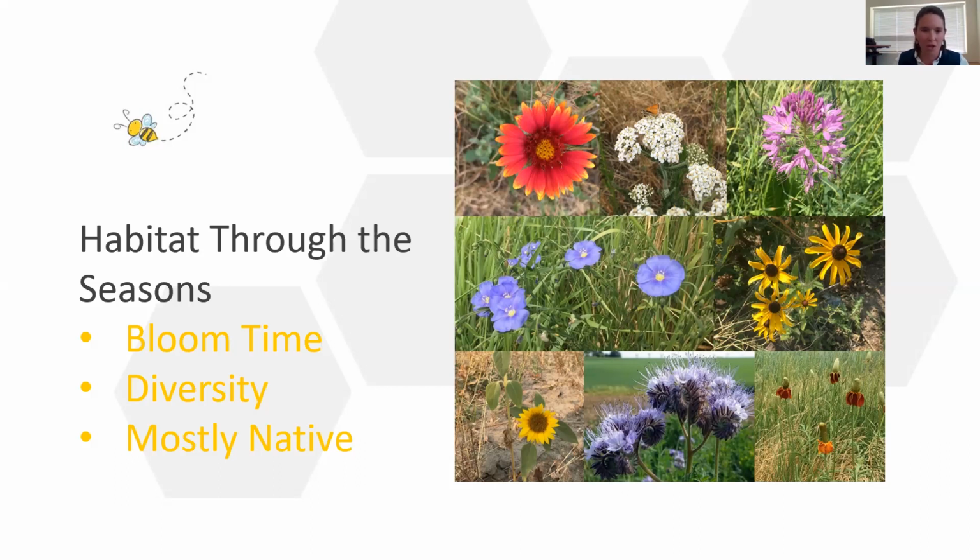Make sure to incorporate all of these different components into your garden so that you will be attracting not just one bee species or a couple of them, but a huge diversity of pollinators, and providing habitat for a wide range of those pollinators that might need it.